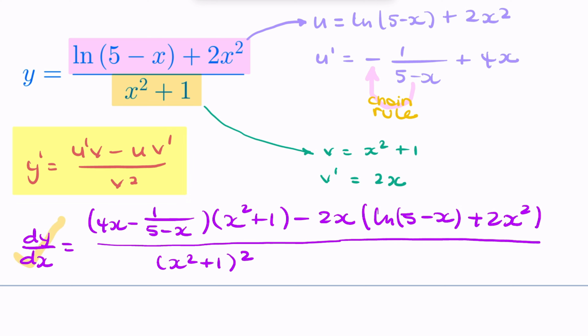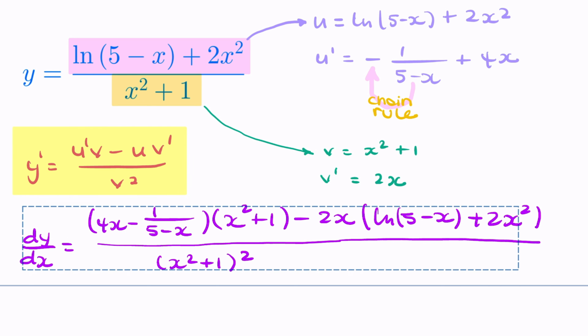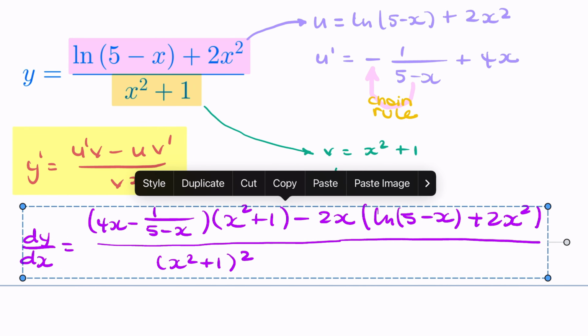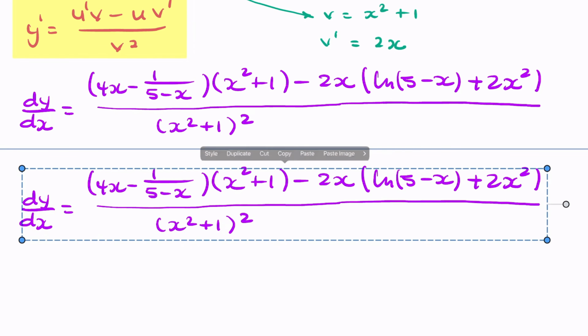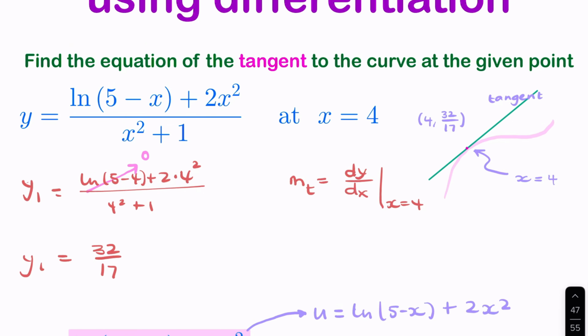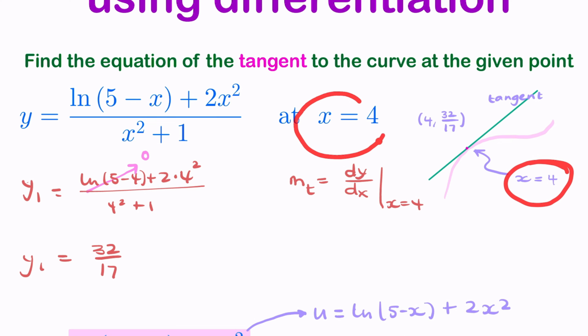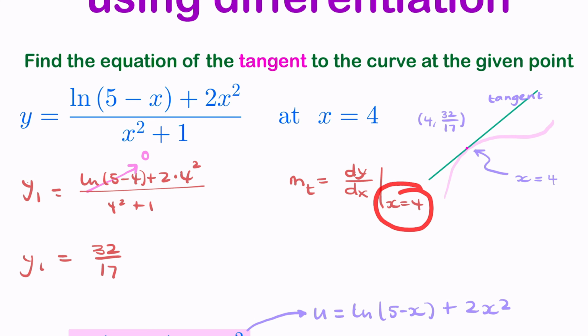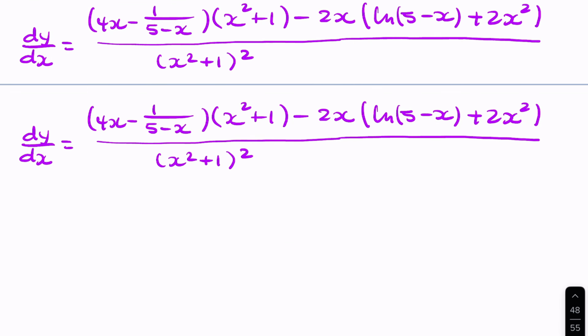And what we want is the value of dy by dx at the point where x equals 4, because we're being asked for the equation of the tangent where x equals 4. So let me substitute 4 at every point where we have an x.